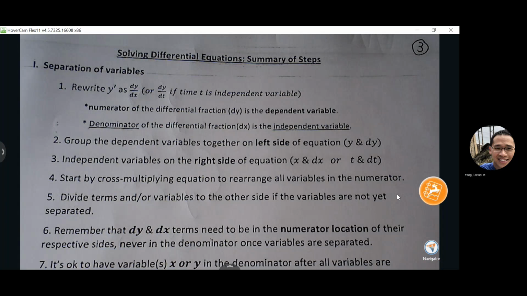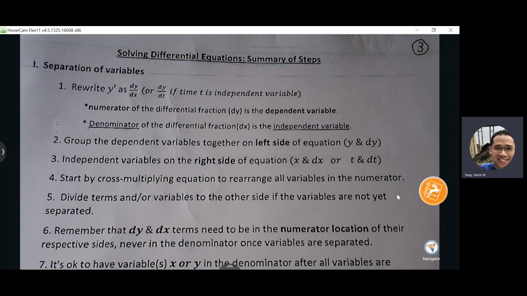So the first thing we do is, if we see y prime, we write it as dy over dx, or dy over dt, depending on what the independent variable is. Usually it's x, but it could also be t. And we always like to cross multiply.